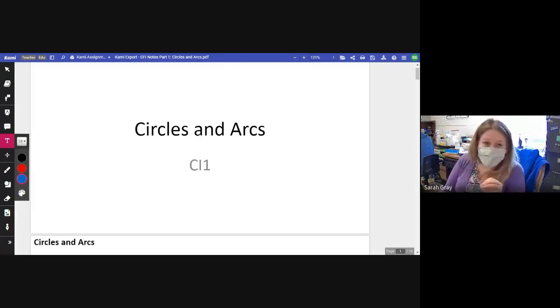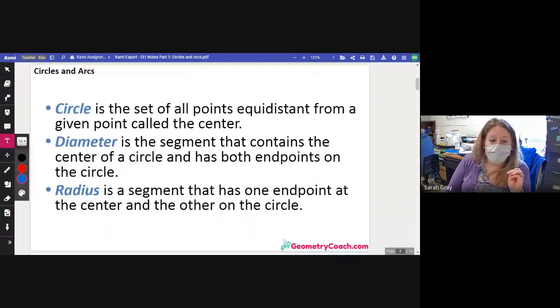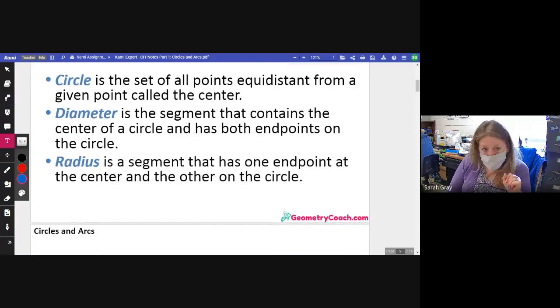Okay, we're doing circles and R's. I'm trying to get my Chromebook going so I can actually write on it instead of doing my mouse thing. We all know that that is lovely to read.